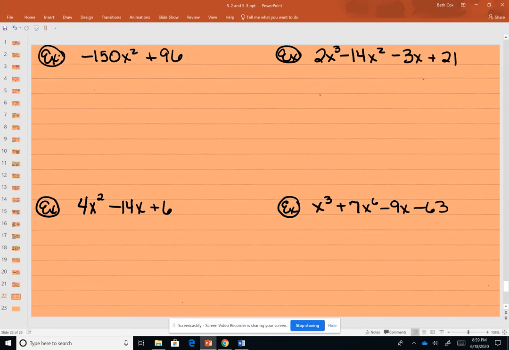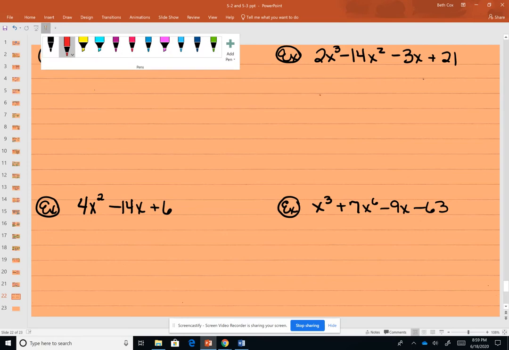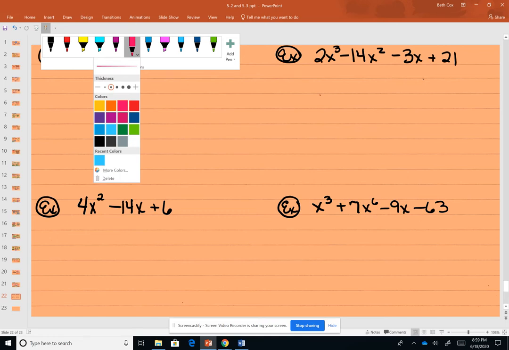I think it's going to be a 6 now that I think about it. Remember our little technique for doing GCFs if we don't know what it is? Let's do that real quick just to be sure.